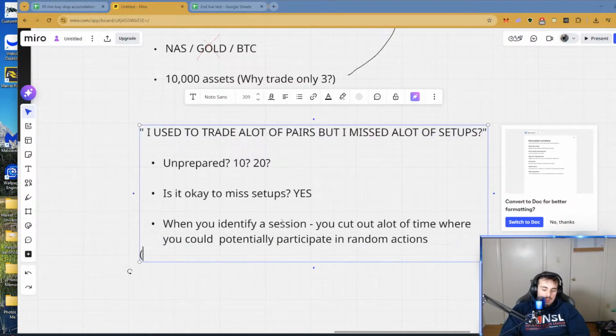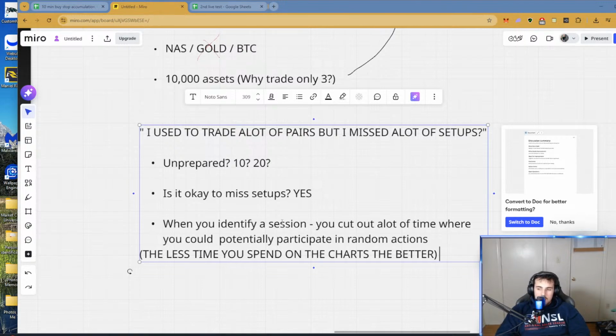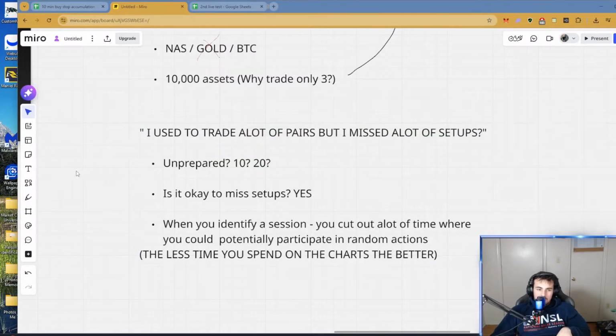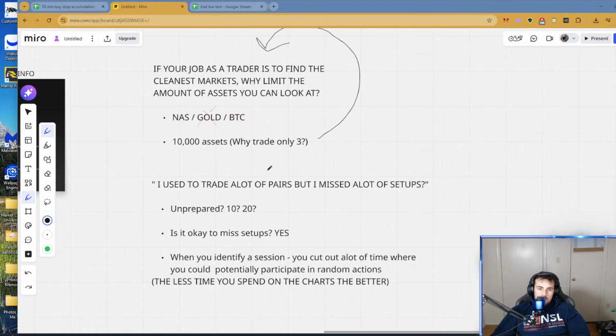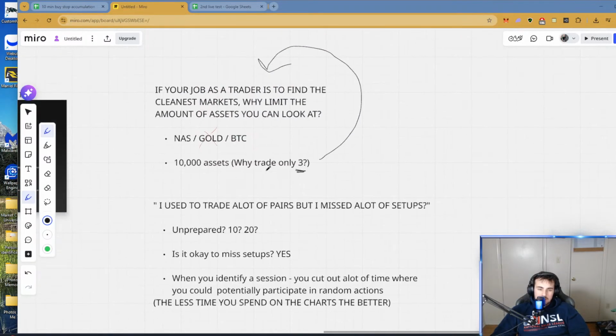Then I'm going to put in brackets here: the less time you spend on the charts, the better. So it's good you've identified a period of your day where you want to remain present on the charts. That is going to help you become the opposite of this. That is going to help you become prepared regardless of whether we are only trading 3 assets or 20 assets.